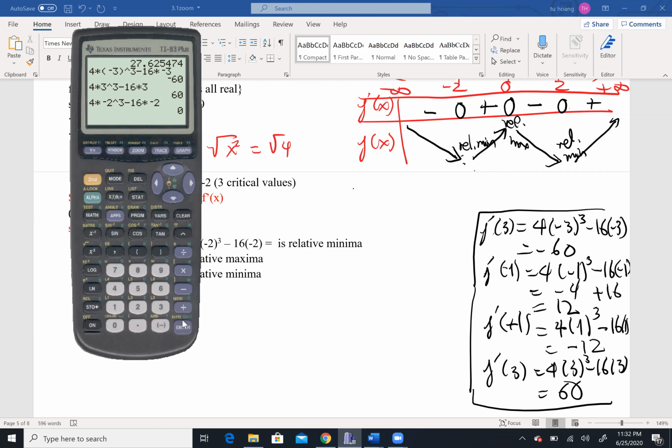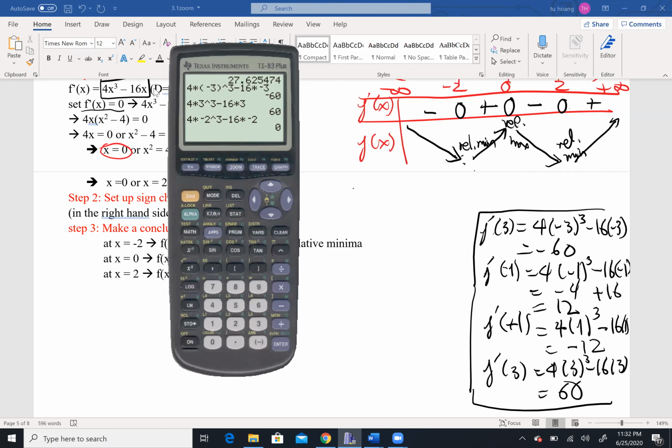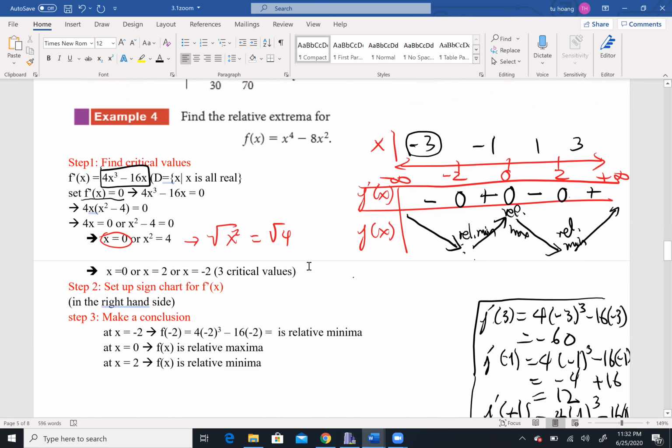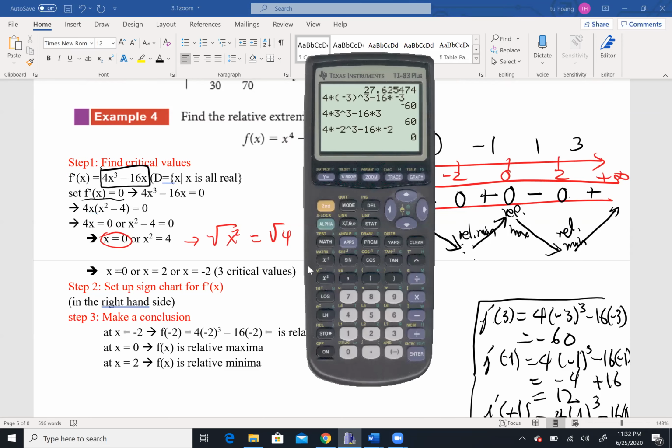No, that is for f prime of x. I forgot that we are using f of x. So f was x to the 4 minus 8x squared. Right? So I have negative 2 to power 4.